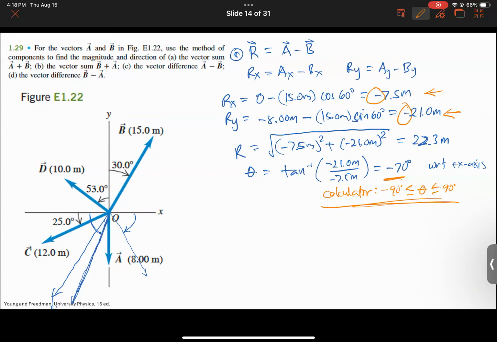So, ano ang fix dito? Ano ang tamang angle dyan? Ang gagawin natin is magdadagdag tayo ng 360 degrees. So, yung direction niya is 360 degrees plus or minus 70 degrees.